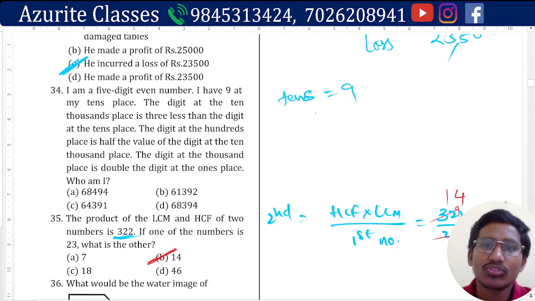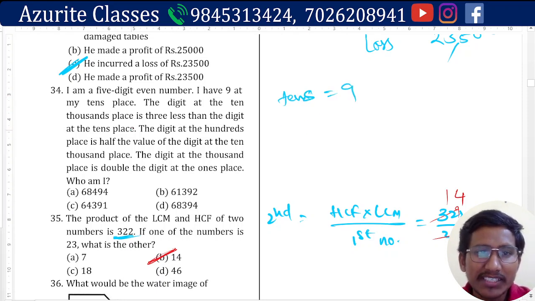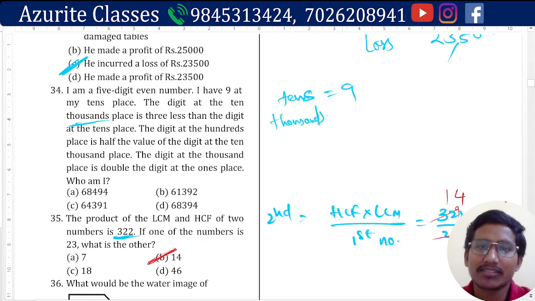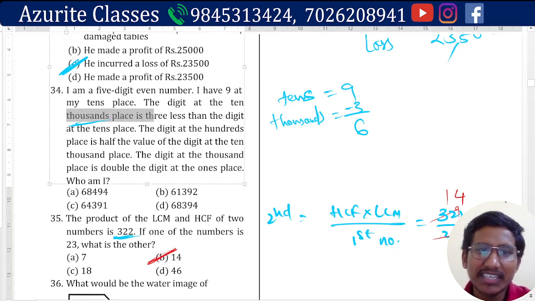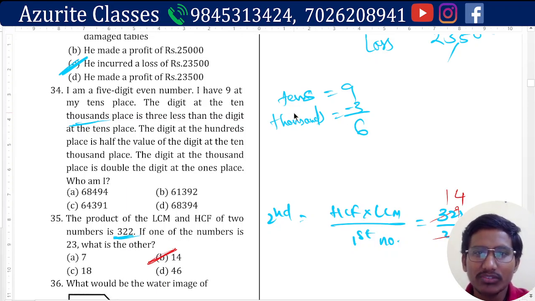So they are asking about the thousands place. It is 3 less, right? 3 less, if you do, it will be 6. 3 less means you have to subtract 3. So 6 will be at the thousands place.